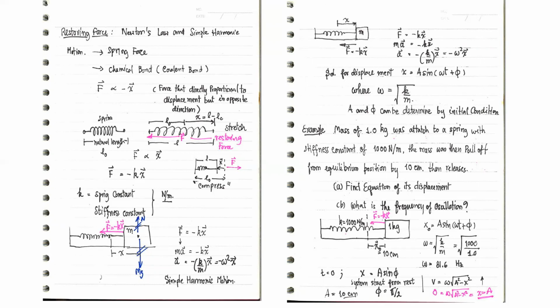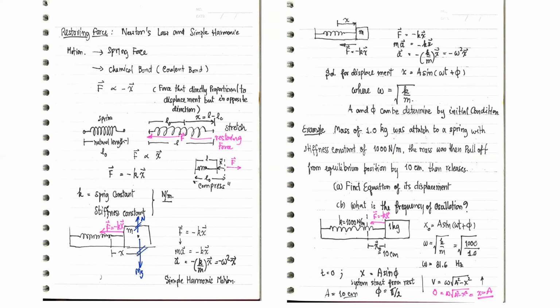Let me review that. It is a motion that goes back and forth, completing one revolution in the period T, and having the frequency f, the number of complete revolutions per second.